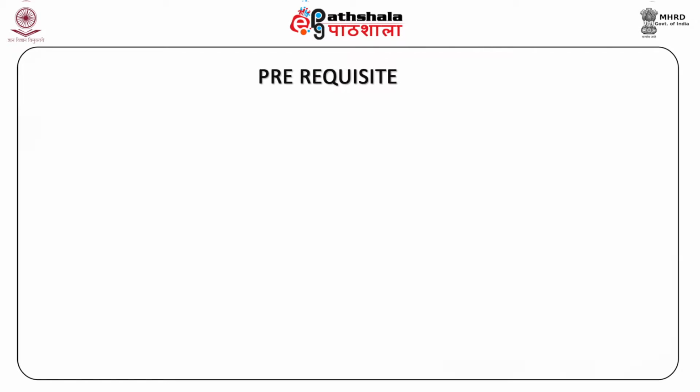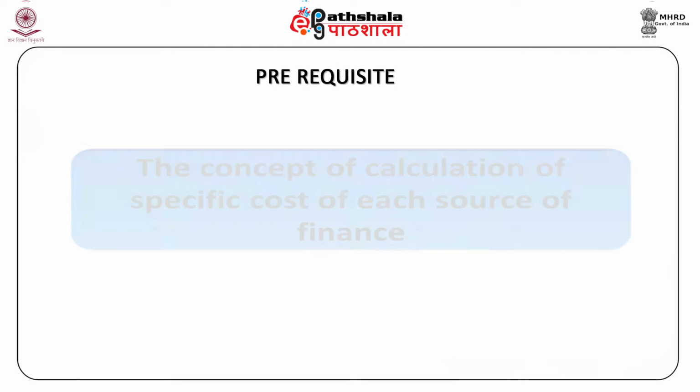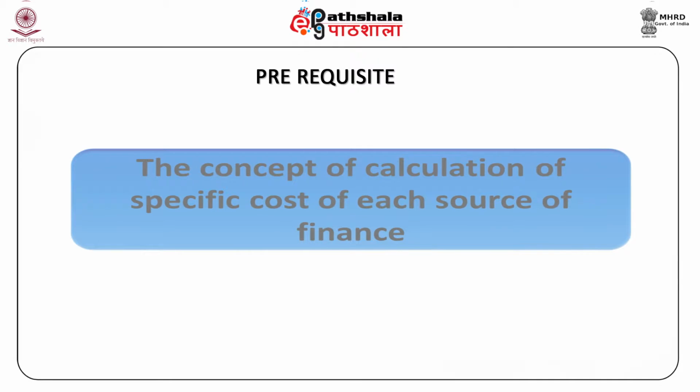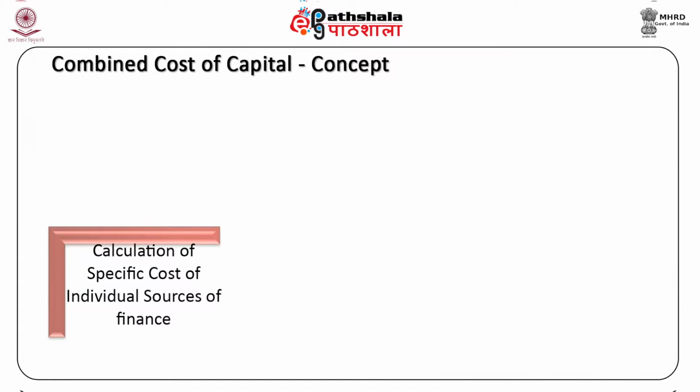Before going through this module, we should be thorough with the concept of calculation of specific cost of each source of finance. A company calculates the specific cost of capital for individual sources of finance in the firm's capital structure, like the cost of debt, cost of preference share capital, cost of equity share capital, and cost of retained earnings.